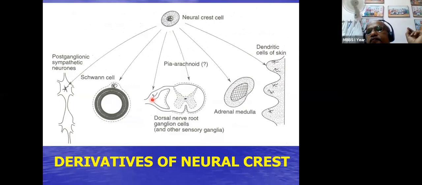Melanocytes. Langerhans cells. We have Langerhans cells and melanocytes. They have projections like dendrites, so they come under dendritic cells. These structures are mainly derived from neural crest cells.